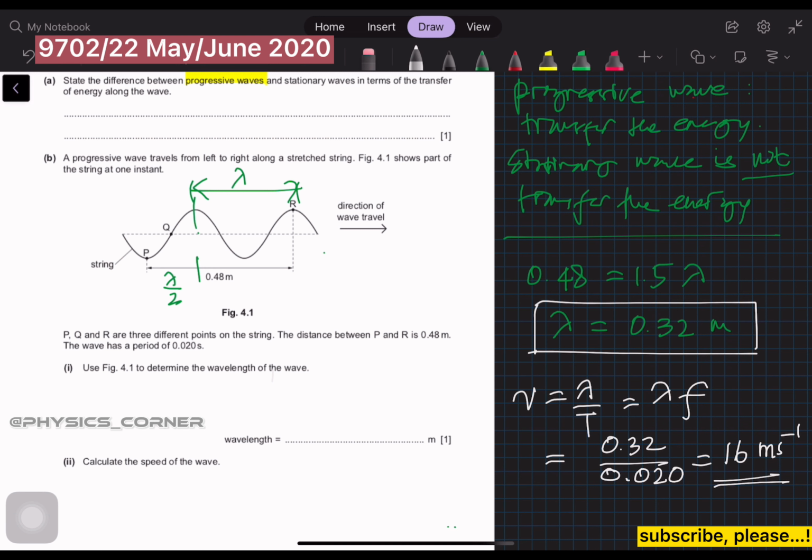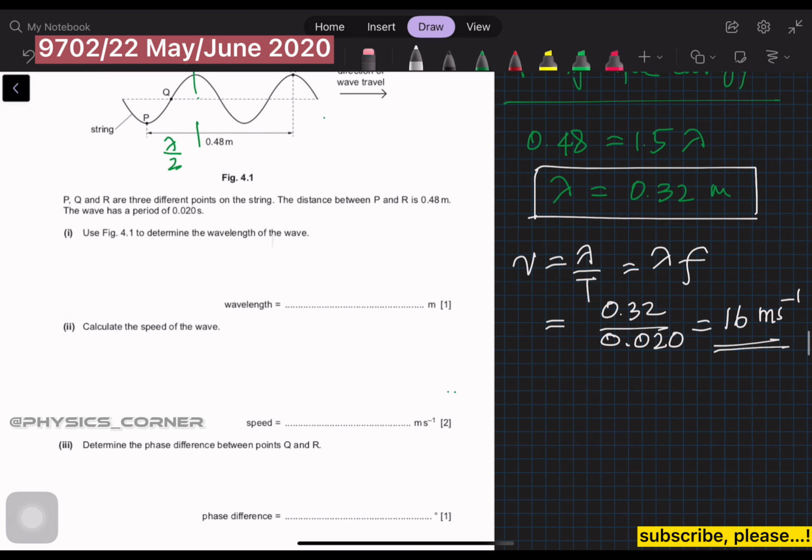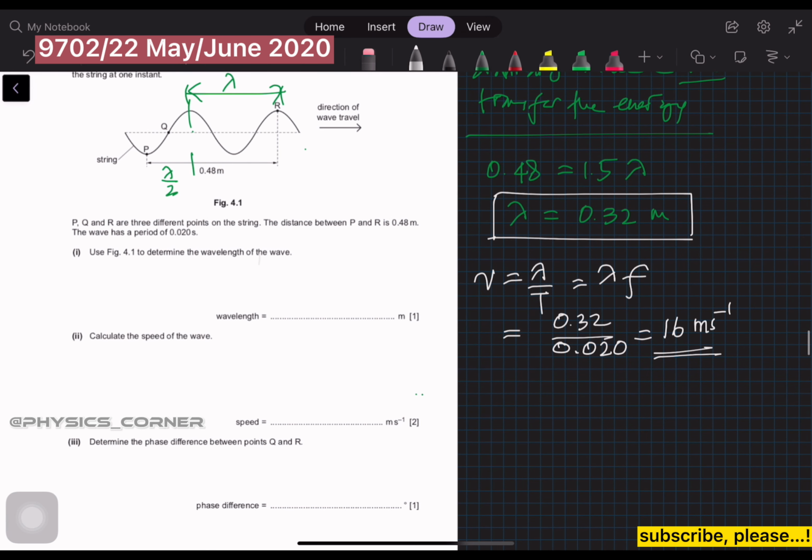Okay, then question B. Still in this, determine the phase difference between Q and R. Q and R have about 1.5 lambda.